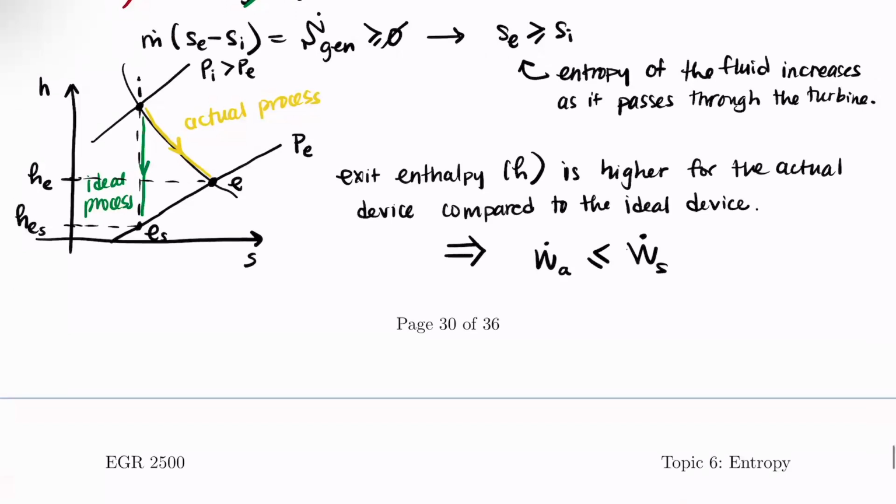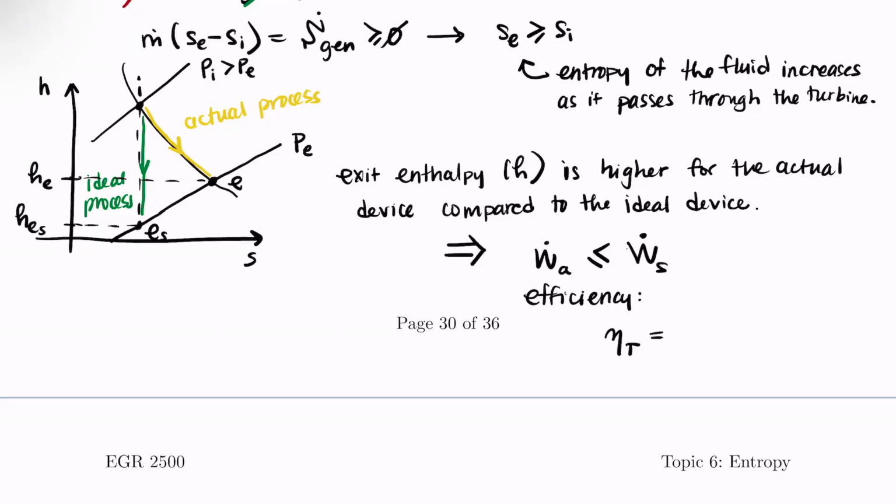Okay. So we can define our efficiency value as the following. So efficiency is going to be given as eta for a turbine is equal to the actual power output divided by the ideal power output. So this is just W dot A over W dot S. All right, this is always going to be less than or equal to 1, right?